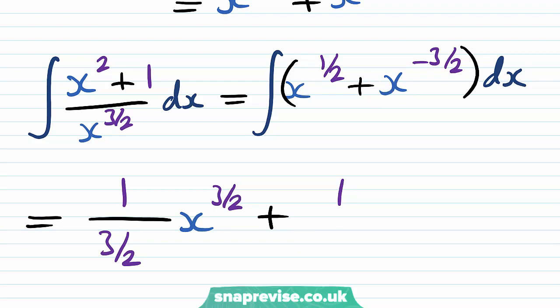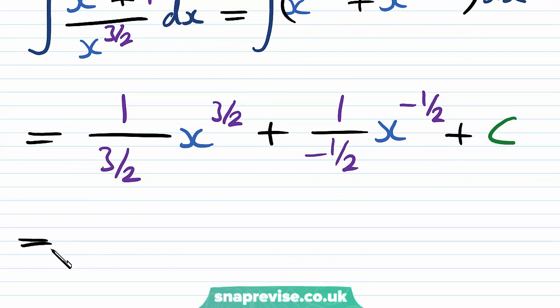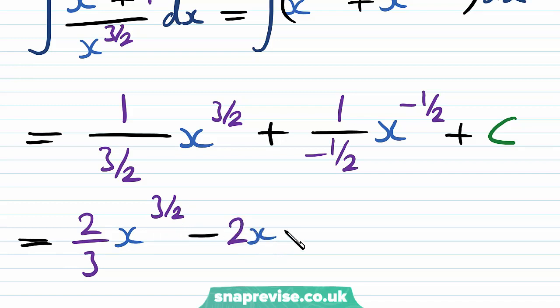And then we divide by the new power, which is minus 1/2, since we've added 1 to the minus 3 over 2. And then we have our x to the power of that power, minus 1/2. Then we do not forget the plus c. By flipping over these fractions, we get 2/3 x to the power of 3 over 2, minus 2x to the power of minus 1/2, and then plus c.